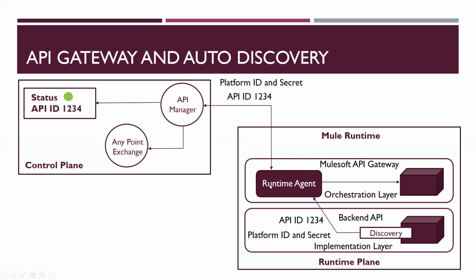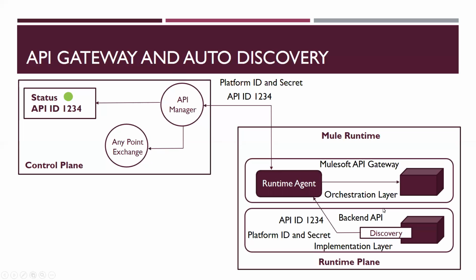So once the agent says this is the API ID for this component and asks to map this proxy API with it, it communicates to the control plane. API Manager will map it and show the status as active. Now let's suppose we are applying some policy.